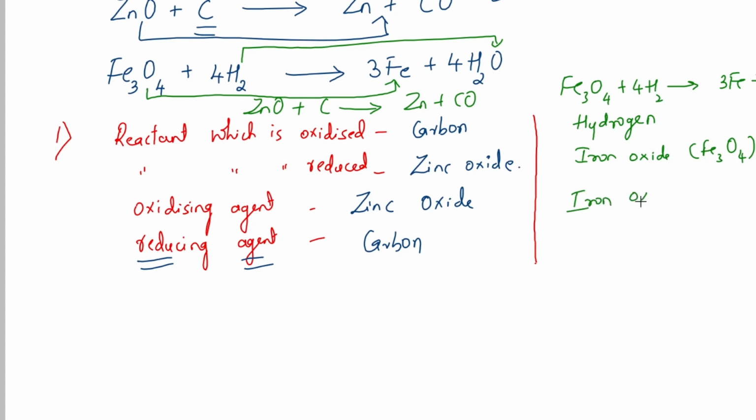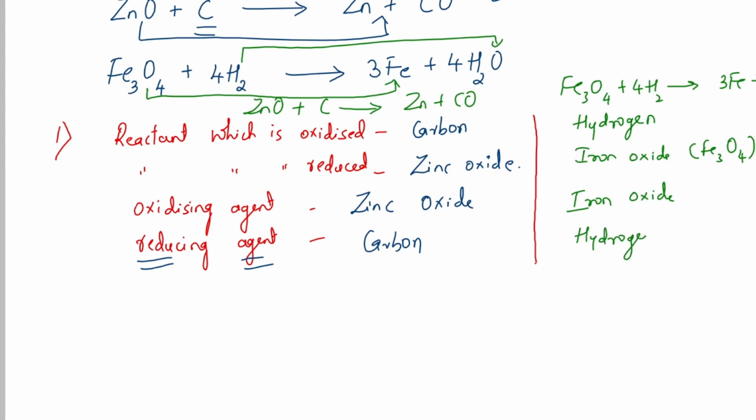Iron oxide is the oxidizing agent. Then what about the reducing agent? Hydrogen will be the reducing agent because it has gained oxygen, it has undergone oxidation and helps in reduction of iron oxide.